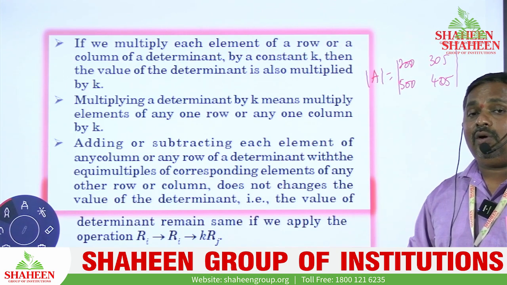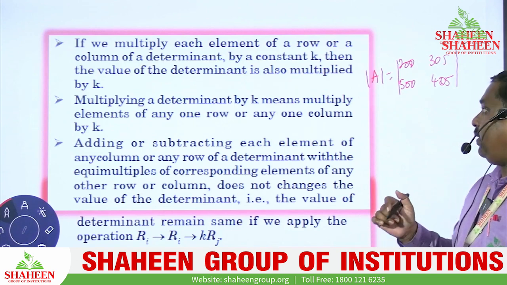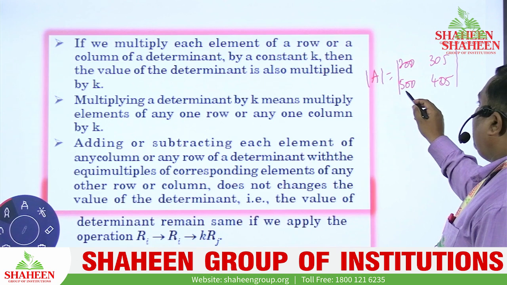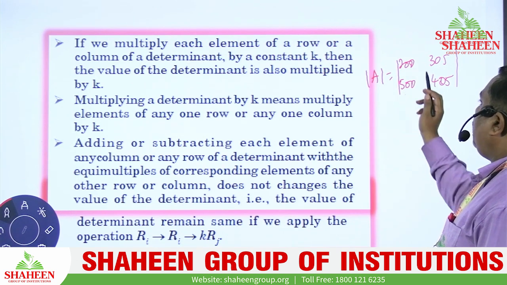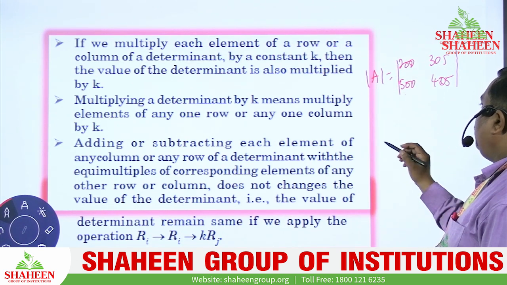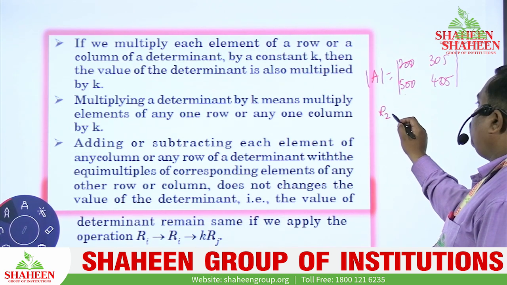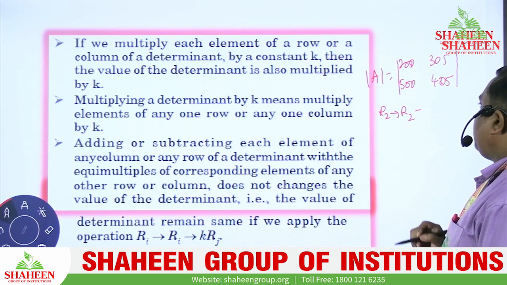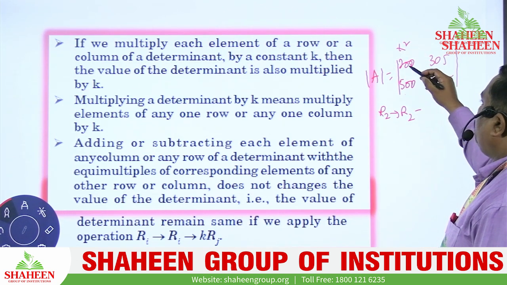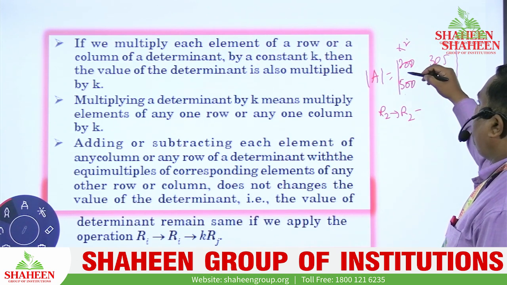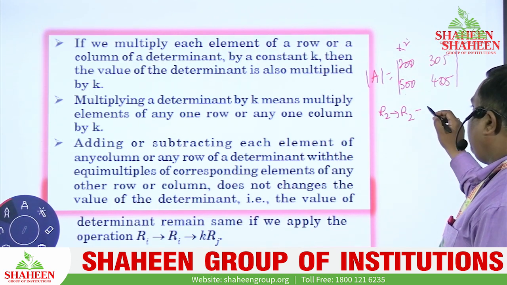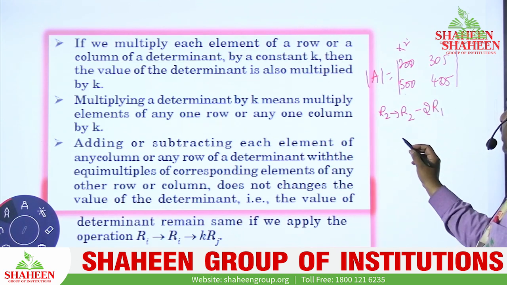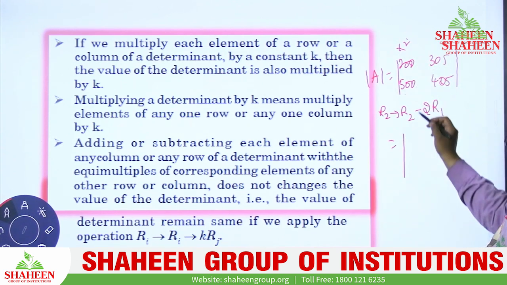then the value of the determinant does not change. For example, I am subtracting R2 by R1. R2 को R1 से minus कर रहे बेटा. So R2 changes to R2 minus 2 R1. डायरेक्टली नॉट माइनस कर रहे हम लोग, इसको इंटू 2 कर लेंगे तो 200 इंटू 400 होगा. 500 में 400 माइनस करेंगे तो 100 मिलेगा. यानी कि 2 इंटू R1 मल्टीप्लाई करके R2 को माइनस कर रहे हैं, तो ये होगा 2 इंटू 100.